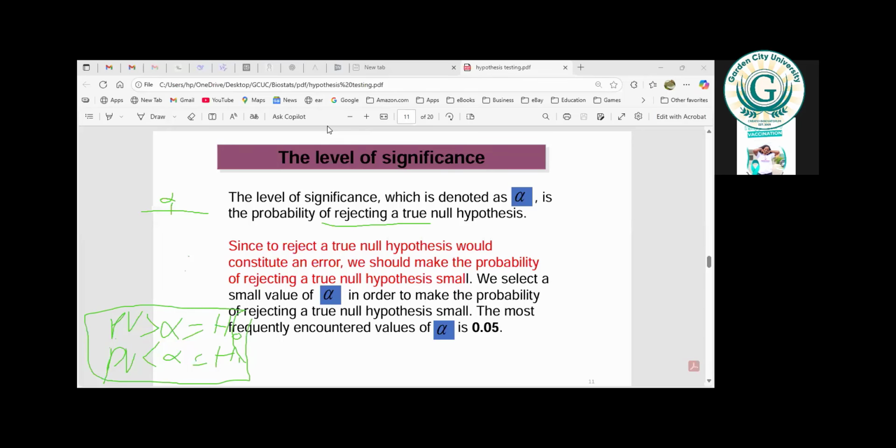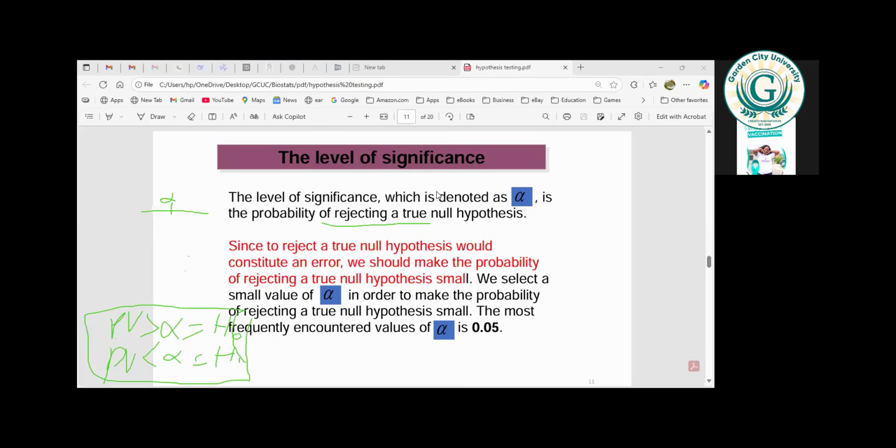Sir, please, the point where the alpha value is greater than the probability value, you said it is in favor of the alternative hypothesis, and you gave a name to it. I didn't get that part. That's what we say is statistically significant. All these things that I'm saying, you will find them in our subsequent slides.